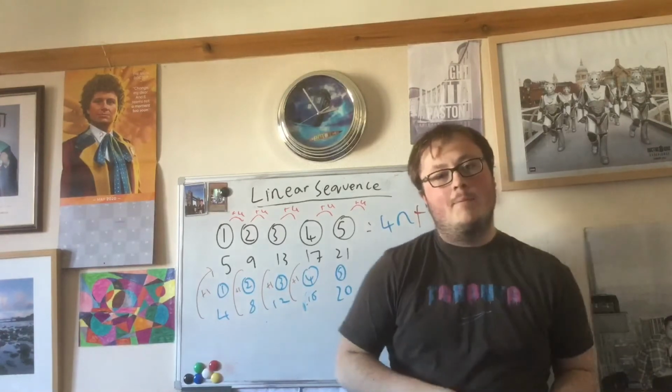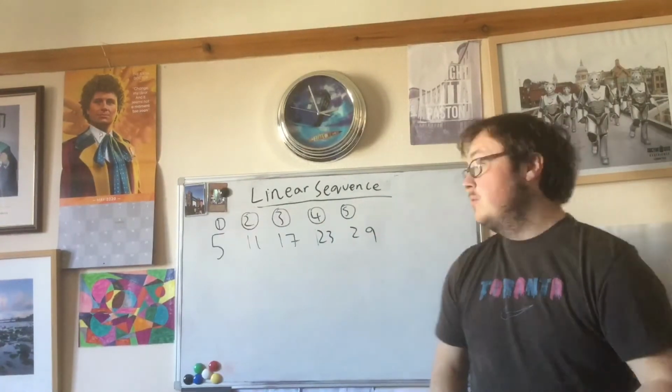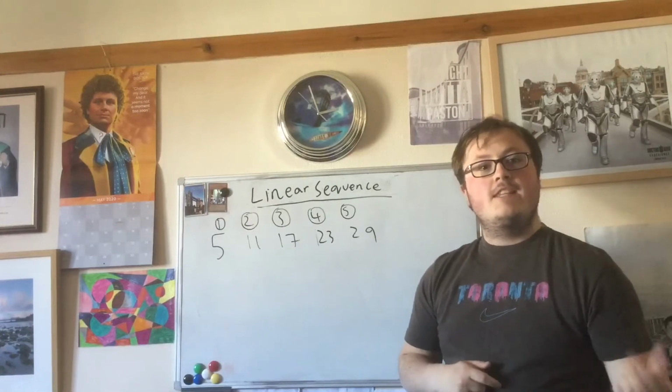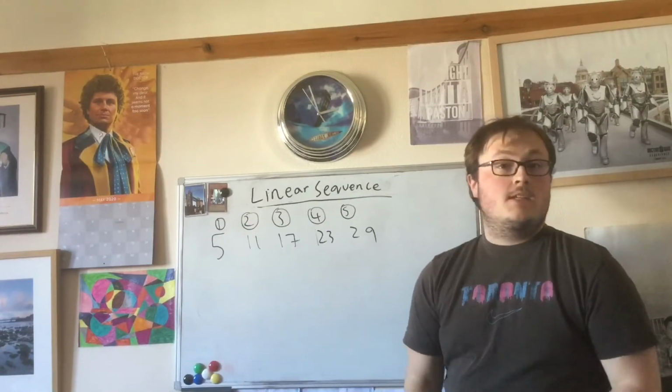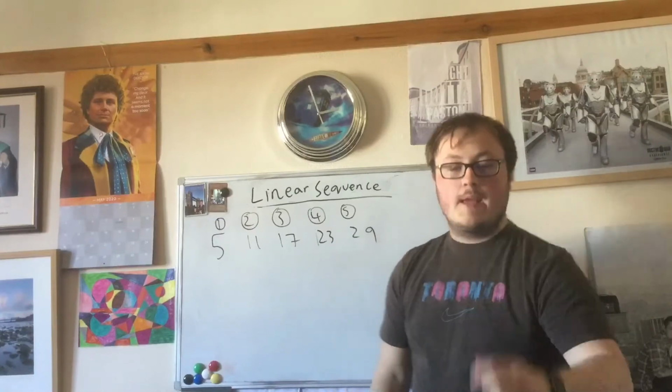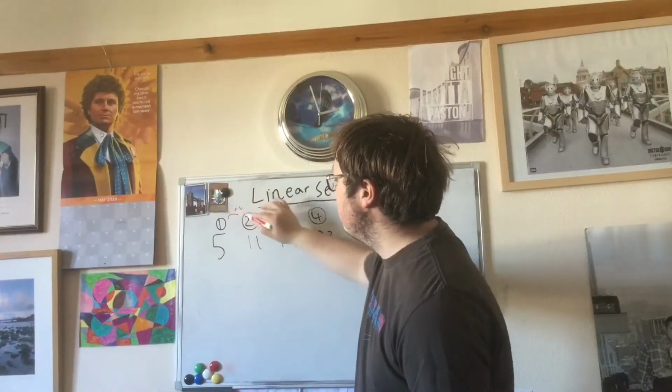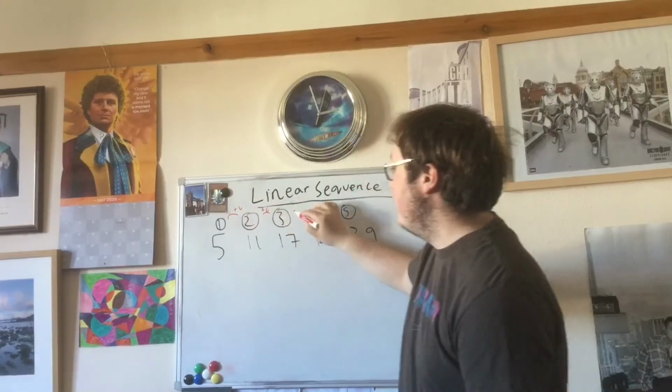Let's try another one. Now I have this sequence, 5, 11, 17, 23 and 29. And I want to find the nth term. So I first ask myself, what is this sequence going up by? It's going up by 6 every time.